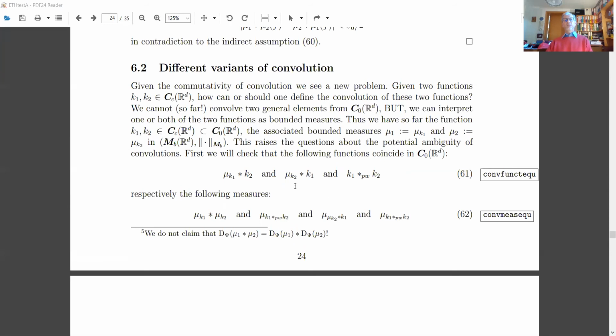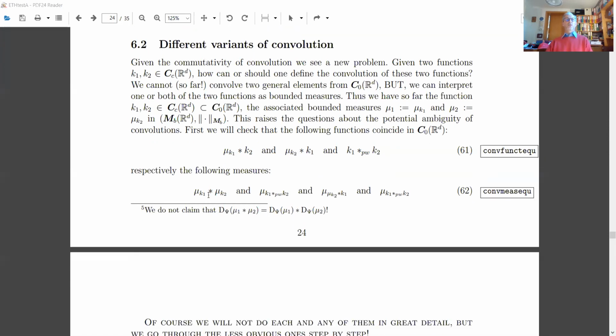On the other hand, at the beginning we only know how to convolve a measure with a function, but we can turn one of them, let's say k2, into a measure. Then we can apply this bounded measure with density k2 and convolve it, letting it act as a system on the input signal k1, or we can change the roles. If we go to the measures, we can also do different things.